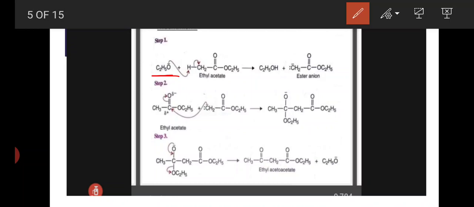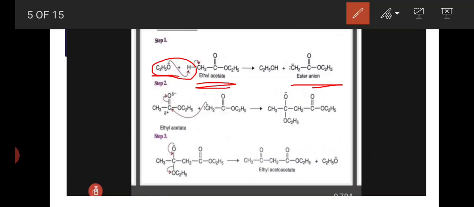Here, first, 1 mole of ethyl acetate, CH3 C double bond O OC2H5. One of the alpha hydrogens is eliminated in the presence of ethoxide. Here CH2 minus is formed. C2H5OH, ethyl alcohol, is eliminated and CH2 minus C double bond O OC2H5 is formed. This is the ester anion.